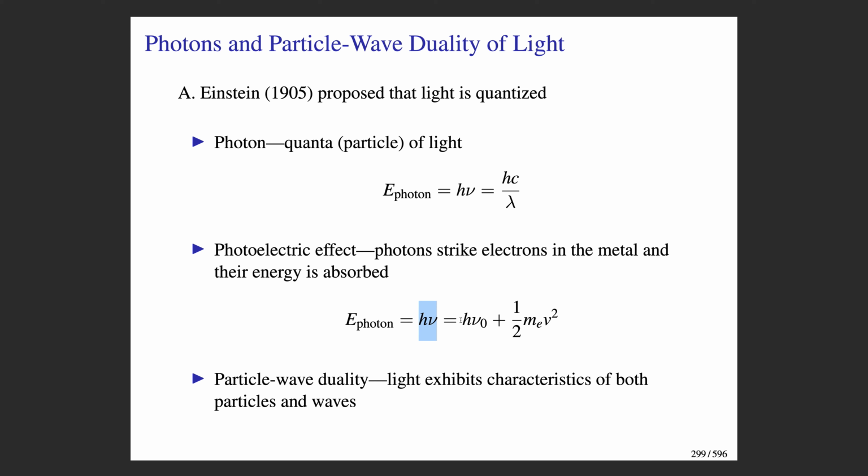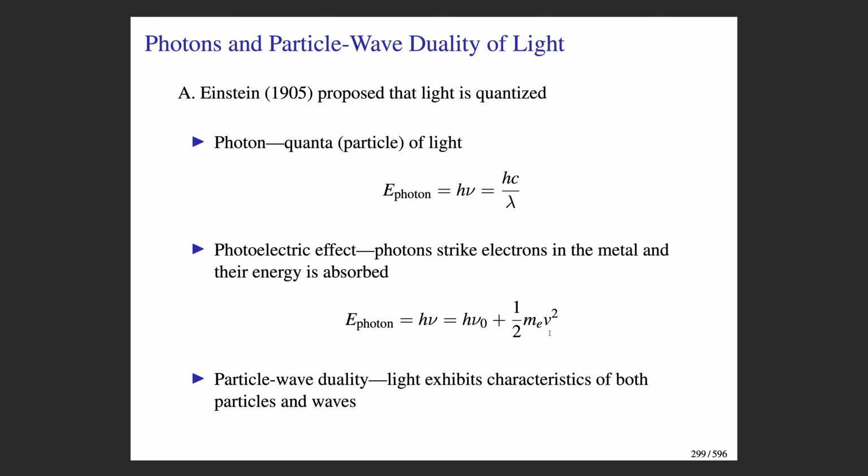The first part is the energy required to simply pull the electron out of the metal. Here nu naught is the threshold frequency for pulling an electron off of a metal surface. The remainder of the photon's energy then goes into exciting the electron's motion, and this is the kinetic energy of the electron.